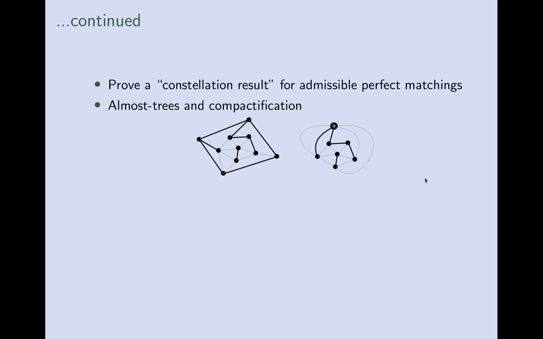Then we can change the subject again and consider compactification of plane graphs. If we have a plane graph whose external part forms a circuit, a cycle, we can compactify it all at infinity, obtaining another graph on S2, which has this privileged vertex here, which we again call a root.